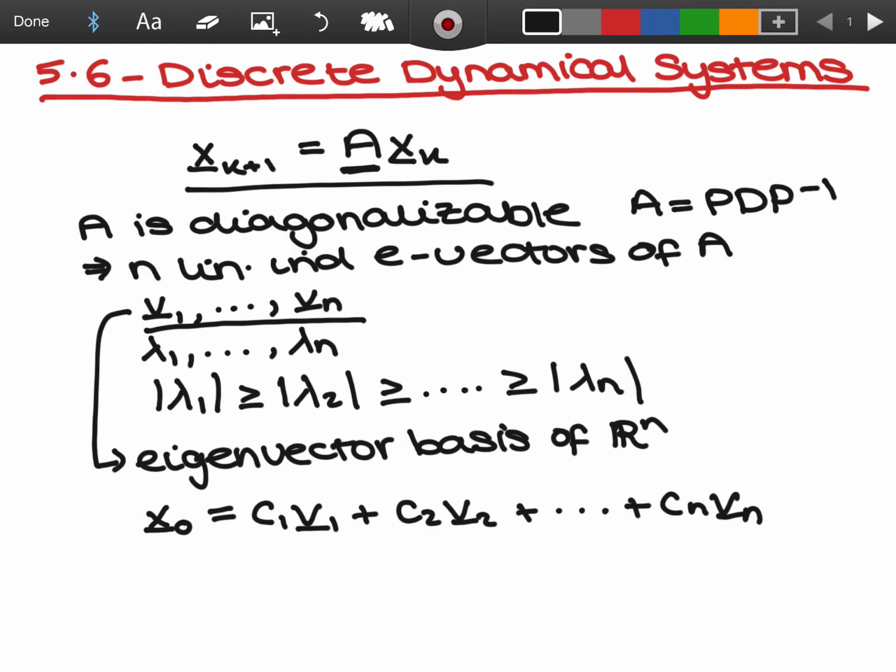Now, at the moment, x0 doesn't mean a lot to us. All I'm saying right now is that it's an n-dimensional vector. But what we are actually going to say is that this is the initial state. It's the initial vector. It's going to tell us the initial state of the thing that we are studying, whether that be the initial population of something or, when we did the owl thing, the initial population in each of those age groups. So it's always going to be the initial state vector.